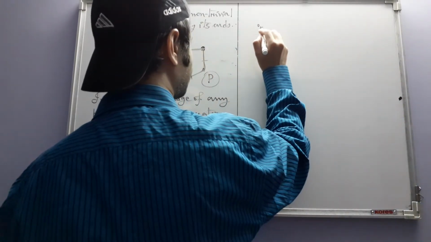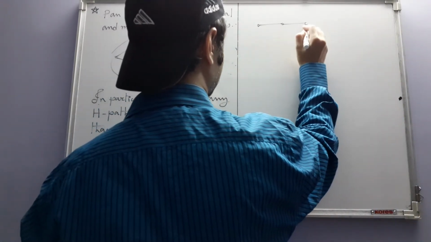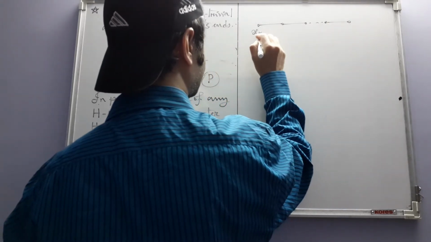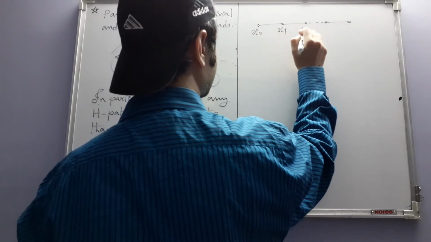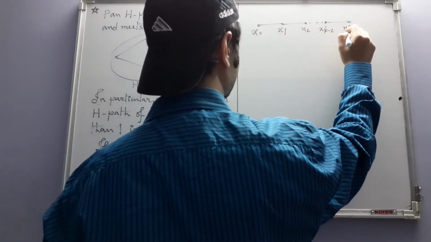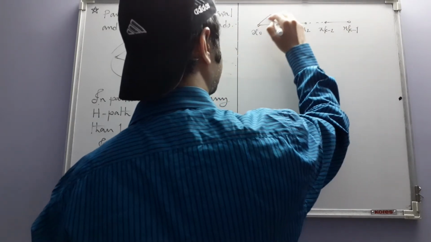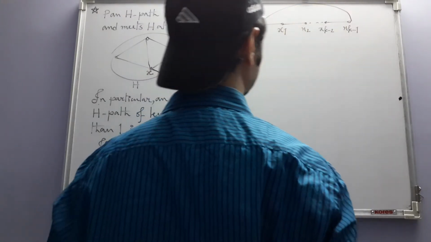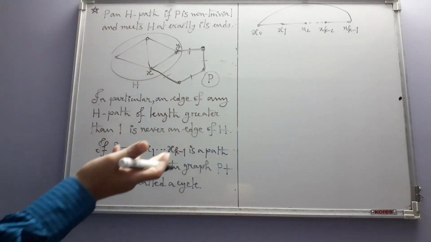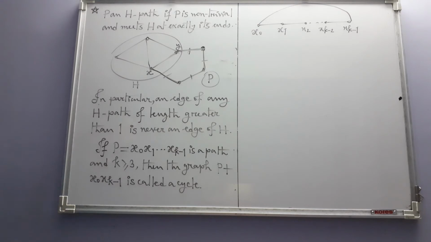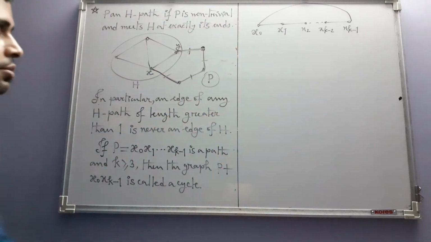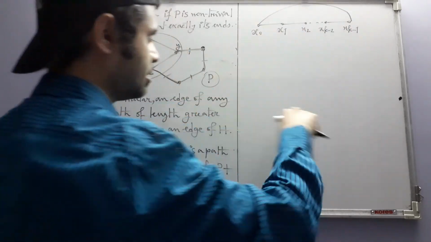So if we have a path like this, and if we join these two ends by a single edge, which of course requires us to introduce a new edge, then this is a cycle. You can understand why it's called a cycle.